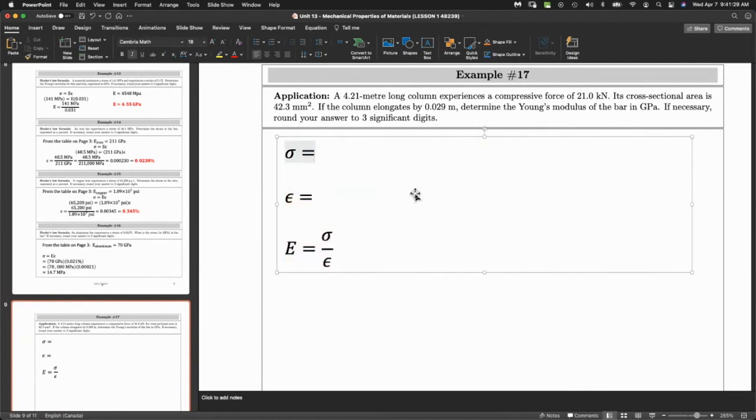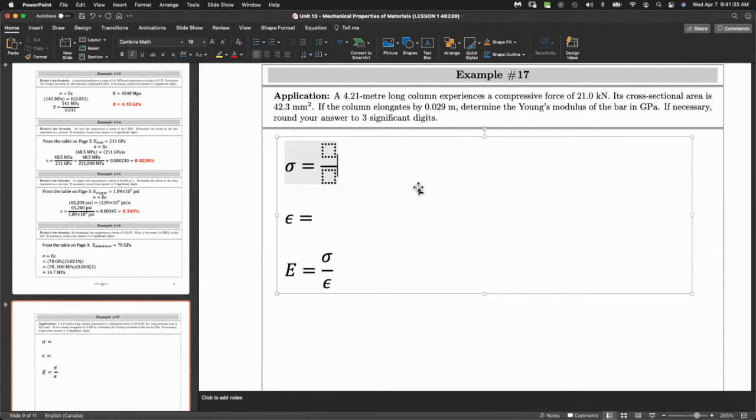So start with the stress here. Can someone in the class explain in the chat how you would calculate the stress? What would be the stress? Ravi, that is correct. What Ravi did there, to clarify, is force divided by area. And notice that Ravi also converted units.